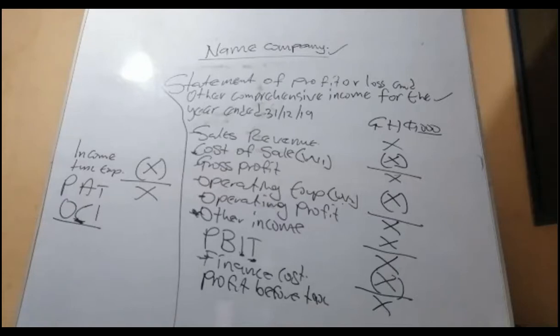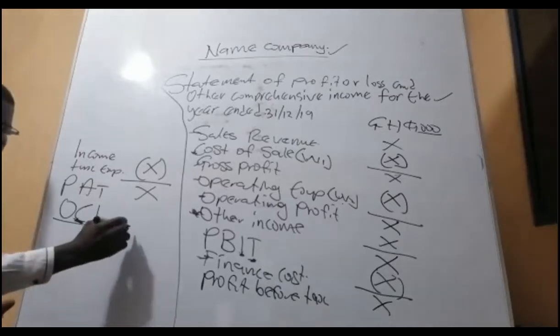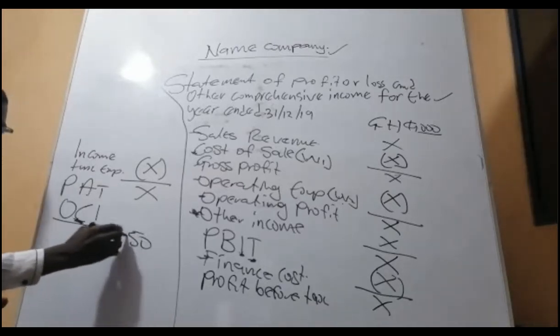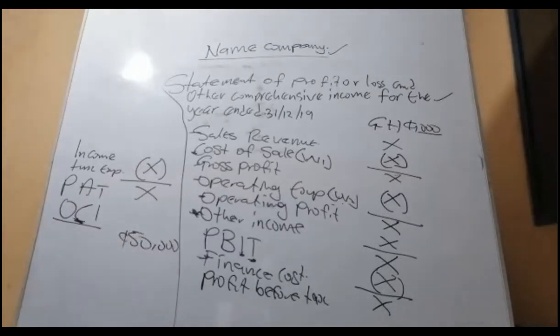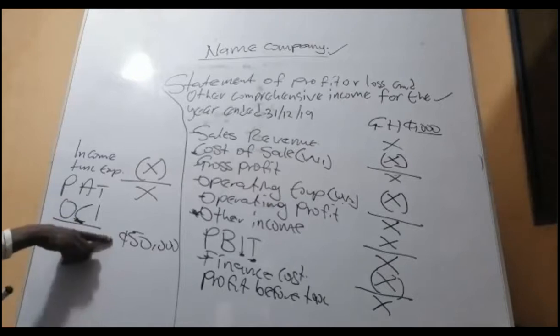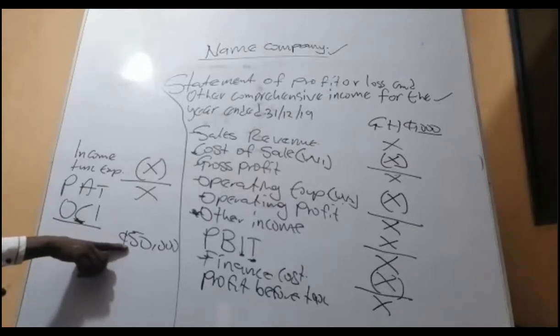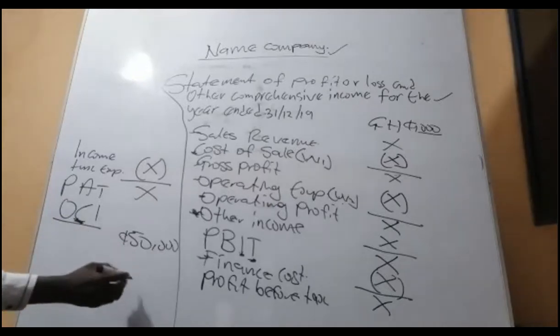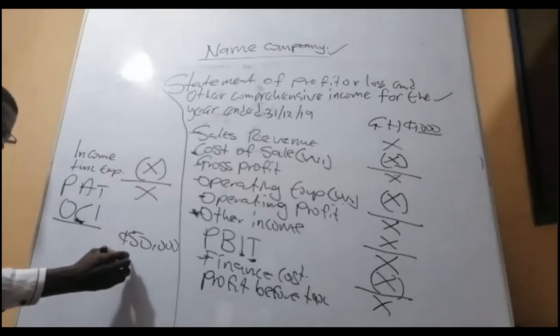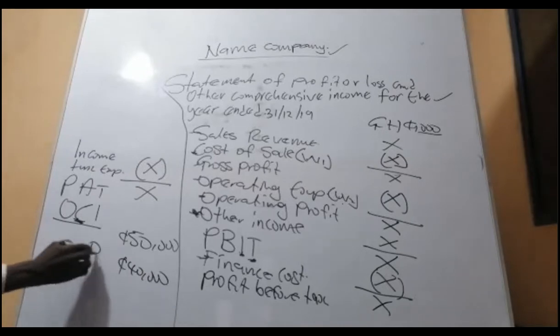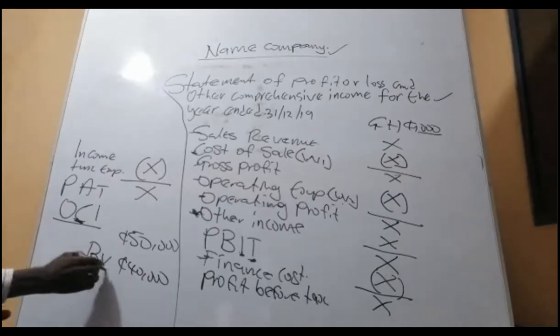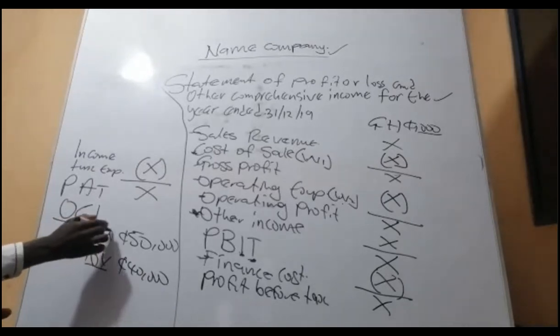For instance, you have a vehicle whose value on the market is, let's say, 50,000 cedis. Meanwhile, in your books, you have stated it at 40,000 cedis. This is the book value and this is the market value.